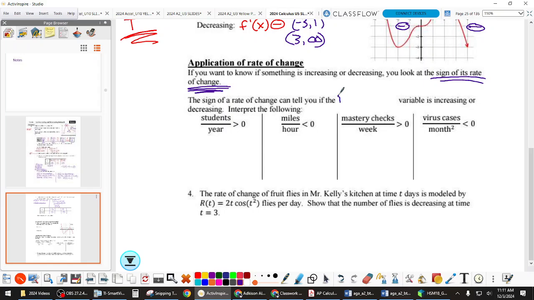Dependent, yeah. So that's the y variable. So on this first one, students per year is greater than 0. So we interpret this as the number of students is increasing. Yeah.